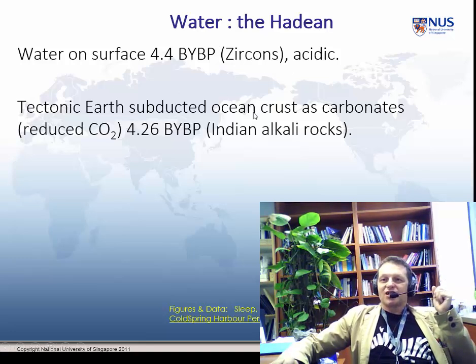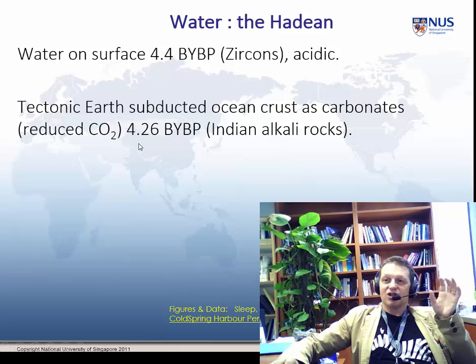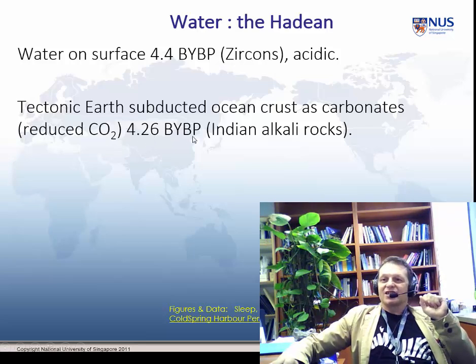You can imagine that we've got tectonic, since the core formed, the tectonic system ran, subducting ocean crust as carbonate, so CO2 was being reduced by purely geological processes, and by 4.26 billion years before present, we've got alkali rocks in India. So acidic at 4.4, alkali at 4.2.